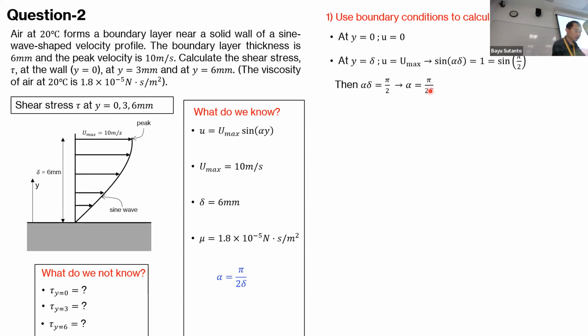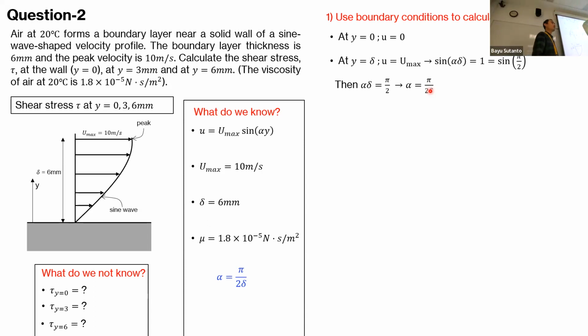This is y equal to 0, and this is y equal to delta. So this is our function, where u is a function of y, not y a function of u.